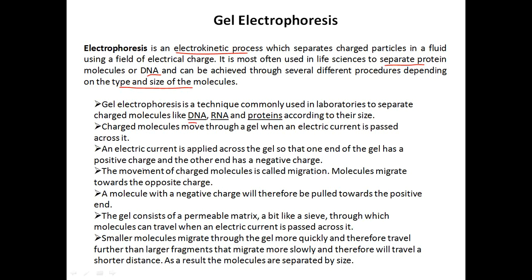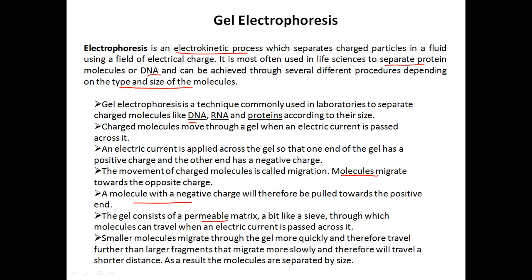That is the movement of species, but the rate of movement will depend upon the size of the macromolecule. The movement of charged molecules is called migration, and molecules migrate towards the opposite charge. A molecule with a negative charge will be pulled towards the positive end. The gel consists of a permeable matrix, like a sieve for filtration, and the molecules have to travel through the spaces.